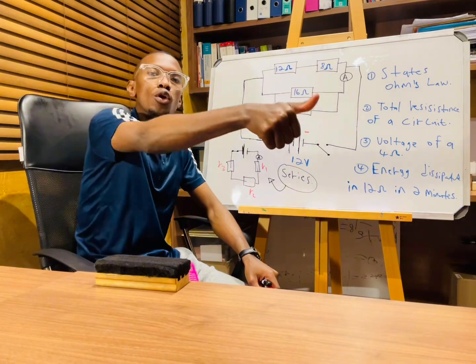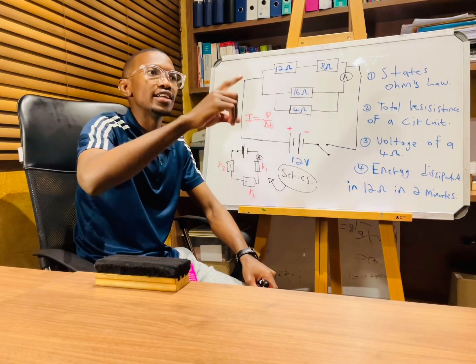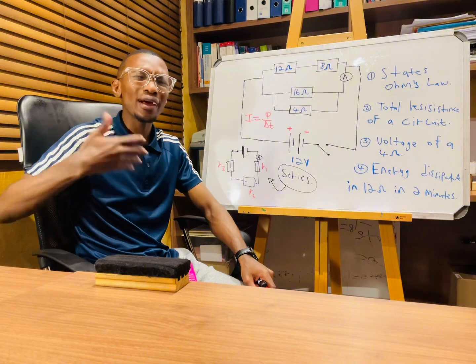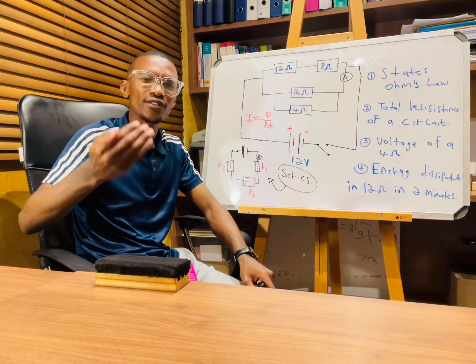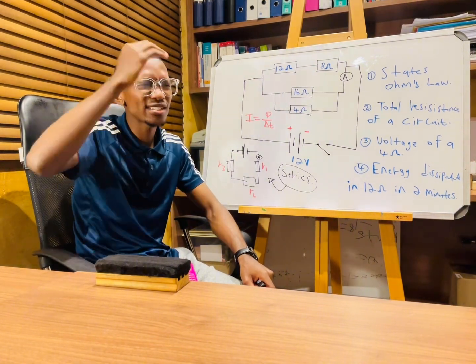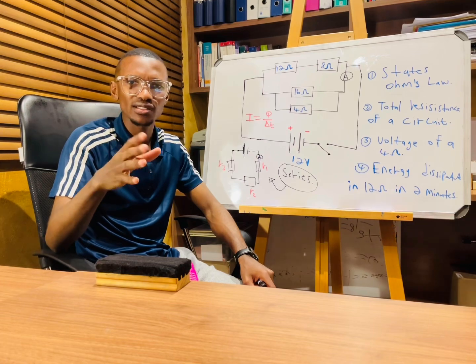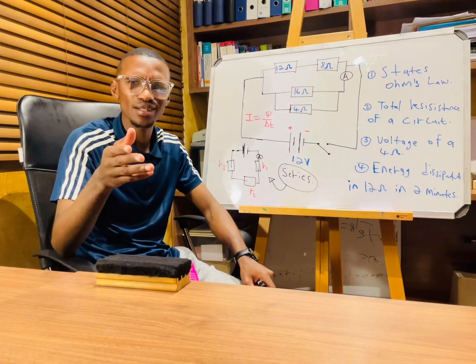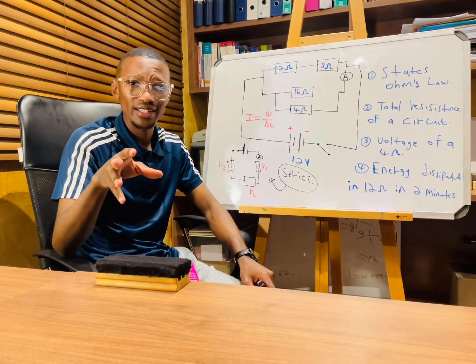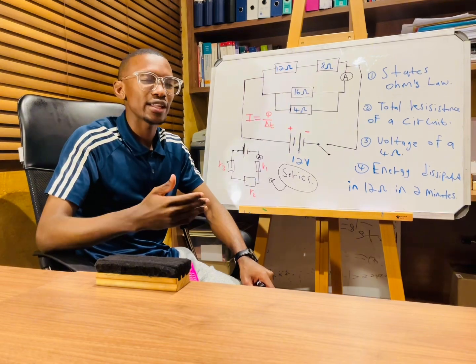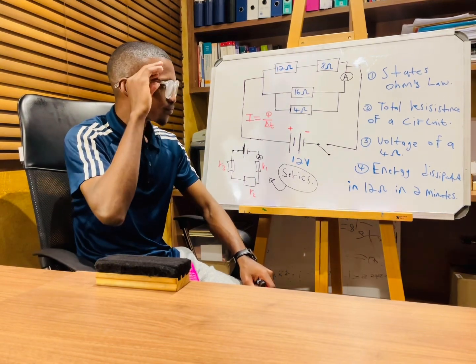But the moment you put on the switch, you start to see the light. And remember, light is very fast, much faster than sound or anything else. The speed of light is about 3 times 10 to the power 8 meters per second. Very, very fast.